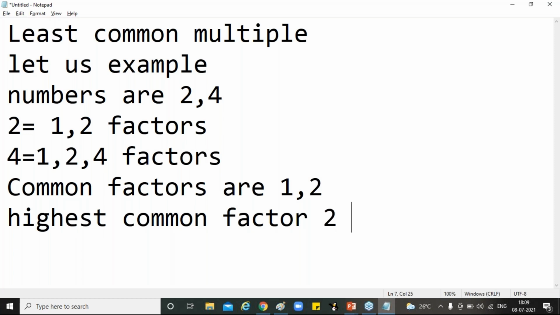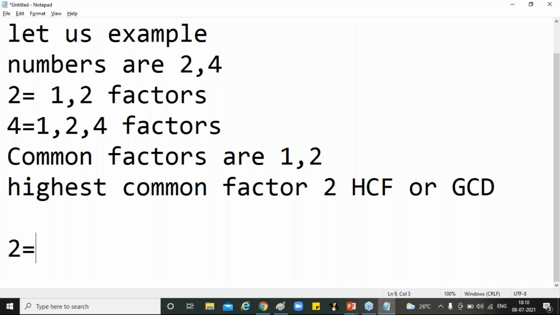This is called HCF or GCD, greatest common divisor or highest common factor. So for 2, 4, the highest common factor is 2.